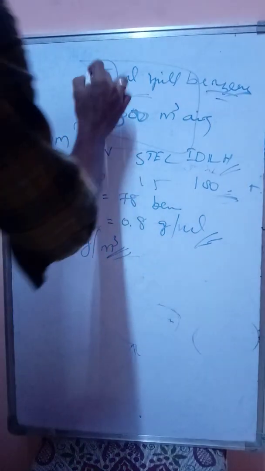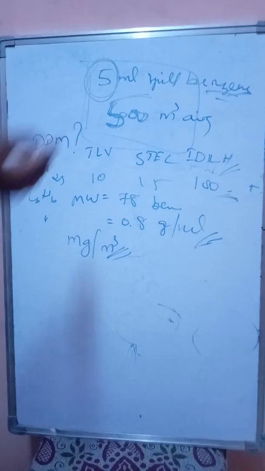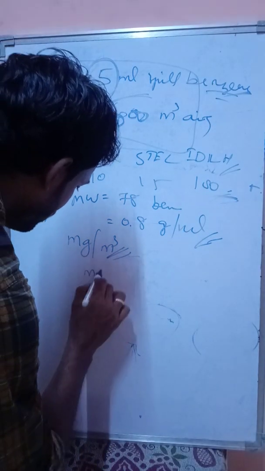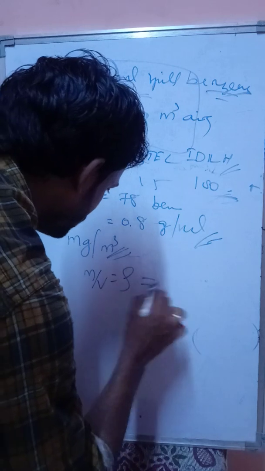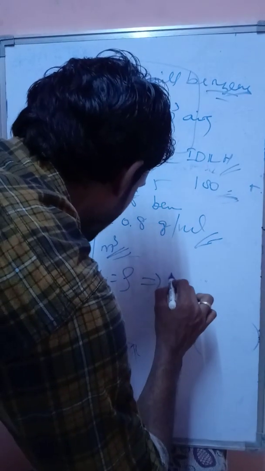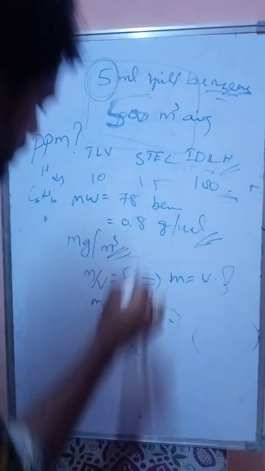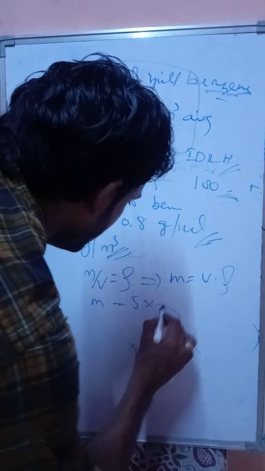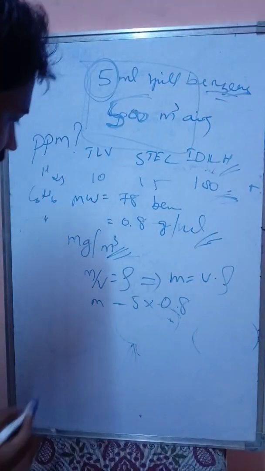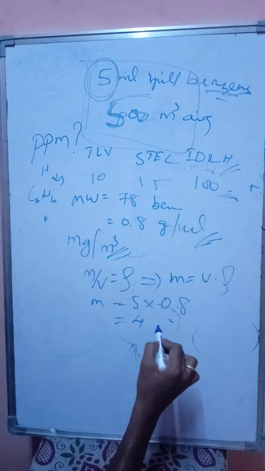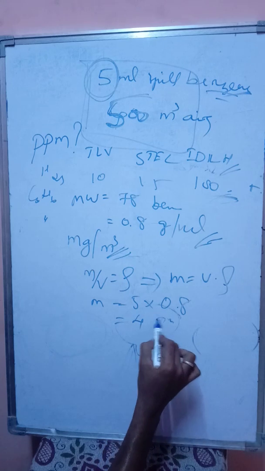So you know the volume only. You just convert it into mass. Mass by volume is equal to density, so you just reverse it. To know the mass, it is volume into density. Mass is equal to volume, 5 ml, into density 0.8 gram per ml, which is equal to 4 grams.